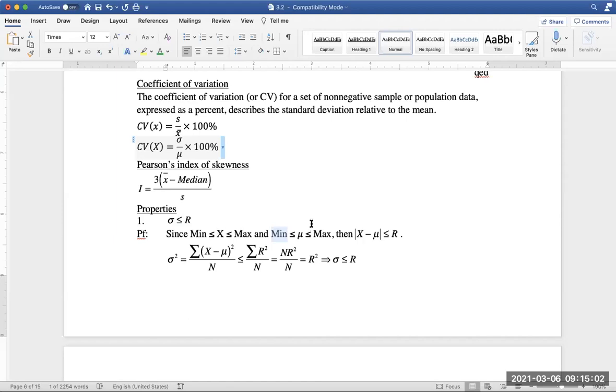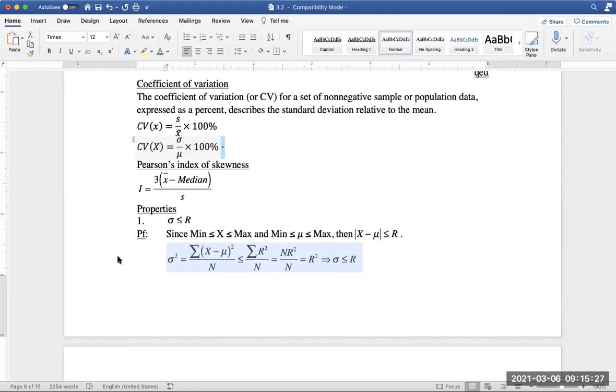Add them all up, divide by n, you get mu. Add these all up, they're constants. Divide by n, you get the maximum. Therefore, mu is between the minimum and maximum value. Therefore, subtracting mu from each of these and taking the absolute value, you have that the absolute value of x minus mu is less than or equal to the range.